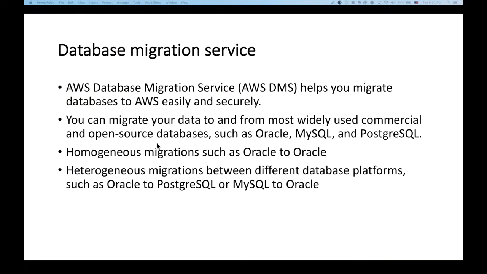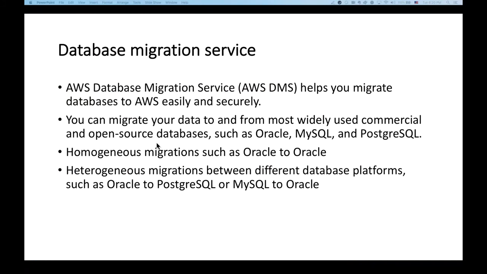It has two kinds of migration. One is homogeneous migration. It means, let's say you have an Oracle database up and running in your data center, and you want to move it to Oracle RDS on AWS.